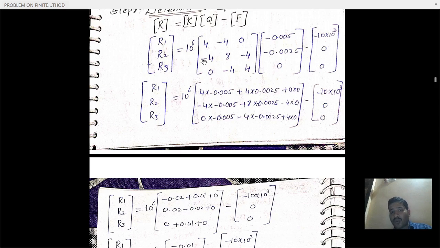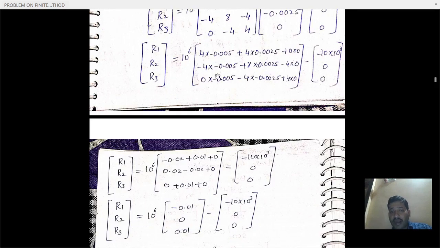Again minus 4, minus into minus should be plus, 4 into 0.005, plus 8 into, minus should be there, 0.025, minus 4 into 0. Again multiply this row into this column: 0 into minus 0.005, minus 4 into 0.0025, plus 4 into 0, minus 10 into 10 power of 3, 0, 0.